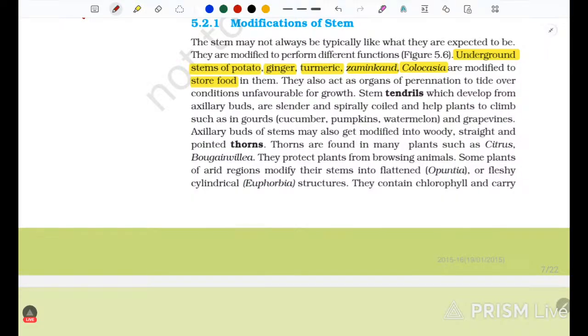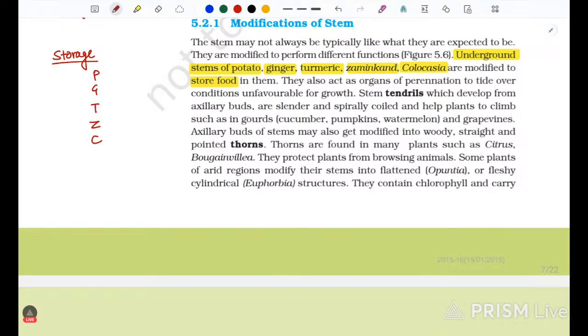So firstly you have got storage of food, and what all structures are there? Potato, ginger, turmeric, zamikand, colocasia. Okay, can you tell me any mnemonic to remember?